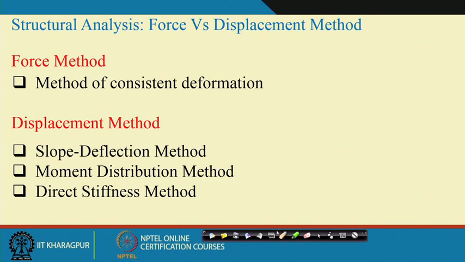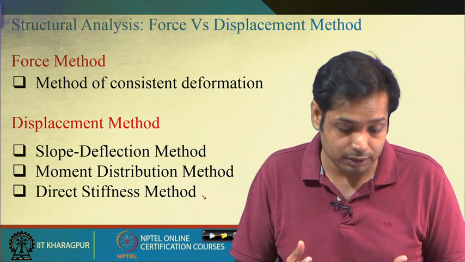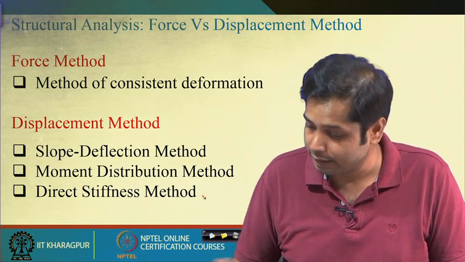If you have not done the direct stiffness method in Structural Analysis 1, that is also fine, because we are going to discuss it in detail, which is essentially the basic concept of the matrix method of structural analysis.